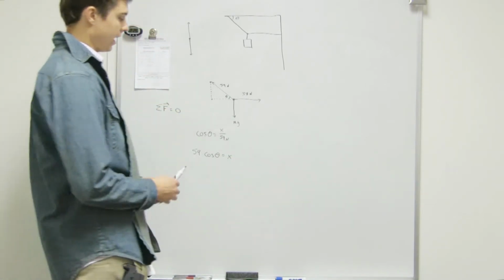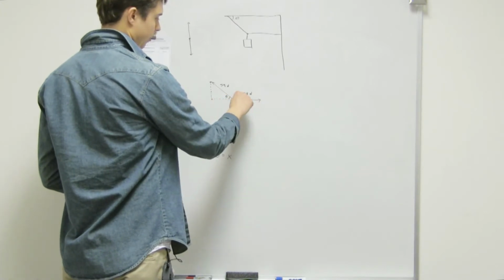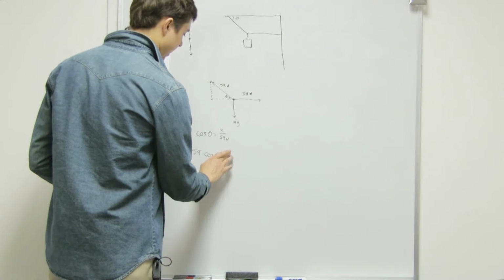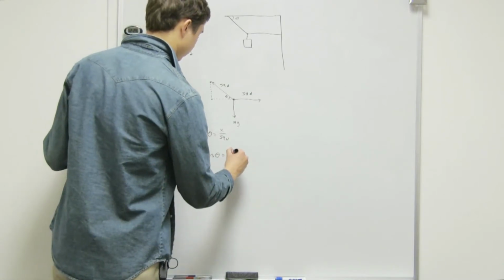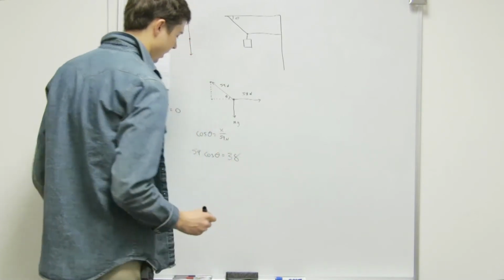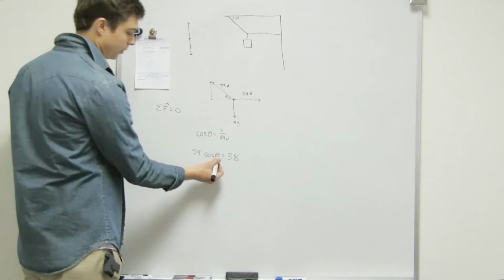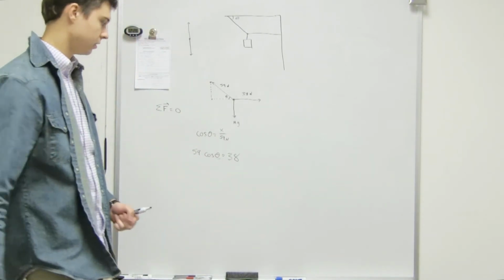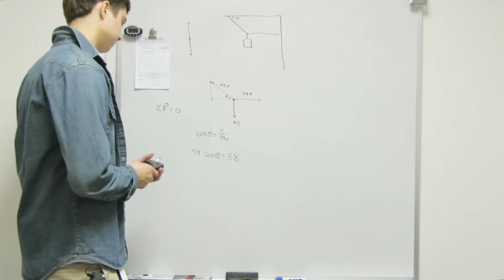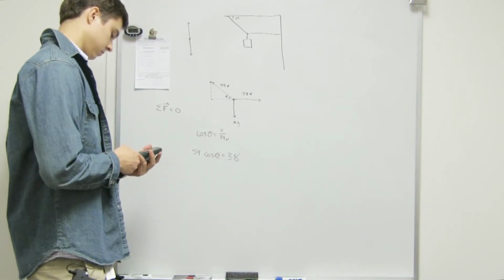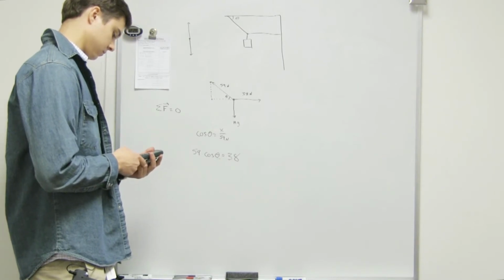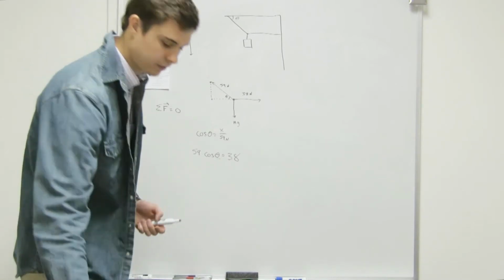And since we know the x component needs to be the same as this 38 newtons, instead of writing equals x, we can just say equals 38. Now we've got an equation with only one unknown, so we can solve for theta. What'd you do? Inverse cosine? Yeah, so let's go through the algebra.